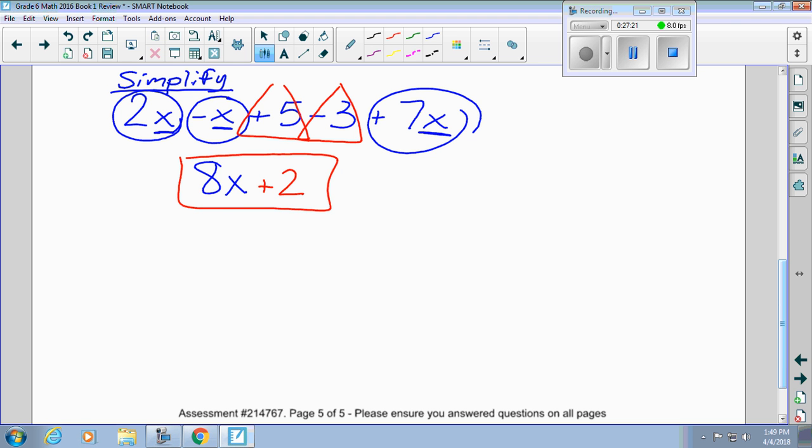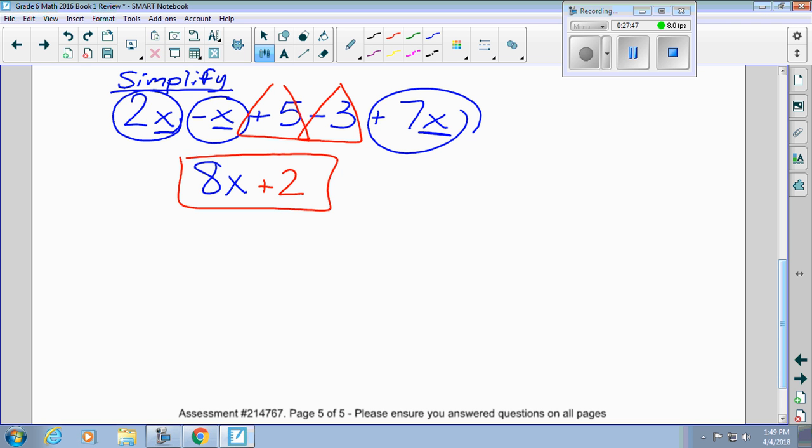This is an expression made up of two terms that cannot be combined. You cannot say 10x. You cannot say 10. It's 8x plus 2. Let's say x is a coin. If we had 8 coins plus $2, you can't say that you have $10. You might have 8 pennies and $2, and that's only going to give you $2.08.